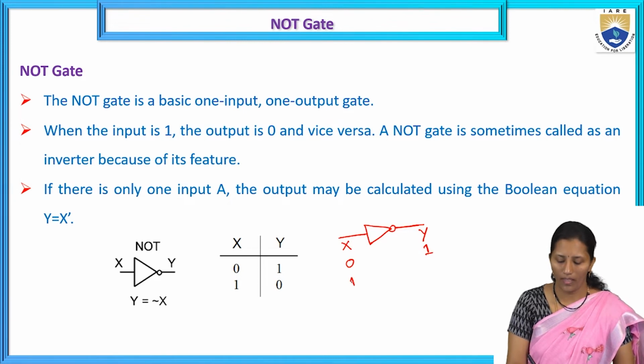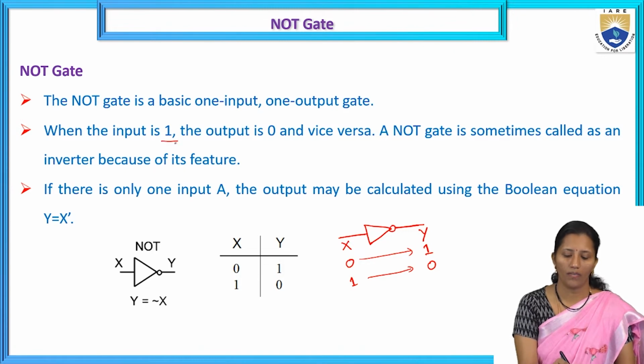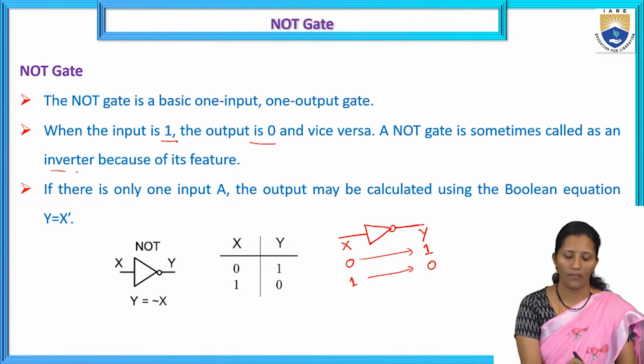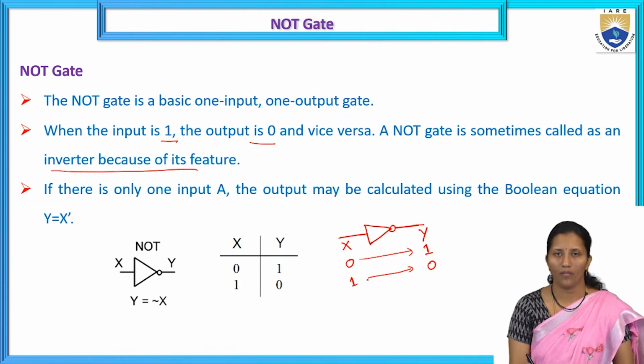If we apply 1, it will give output 0. So it just inverts the input value and gives it as output. So when the input is 1, the output is 0 and vice versa. A NOT gate is sometimes called an inverter because it inverts the input logic.